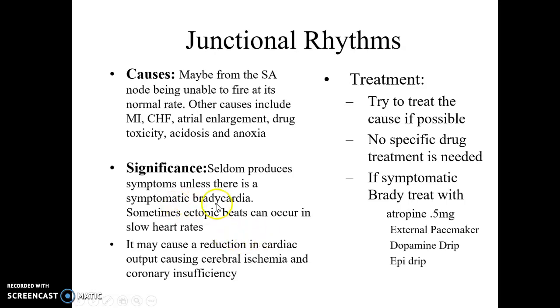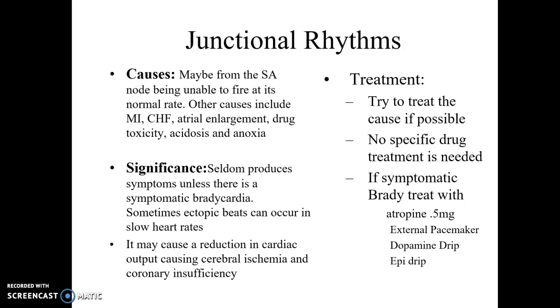So if you have a symptomatic bradycardia, as with any bradycardia, remember our cardiac output is stroke volume times heart rate. We have the diastolic phase, we have stroke volume, we have time to fill, but because our heart rate's lower, it is decreasing our cardiac output. So we might see things like dizziness, lightheadedness, drop in blood pressure, possibly chest pain, shortness of breath.